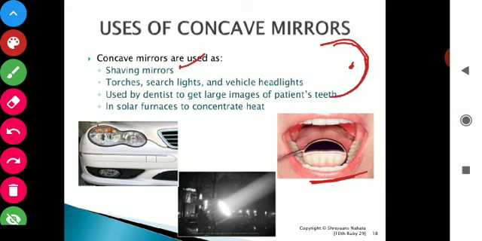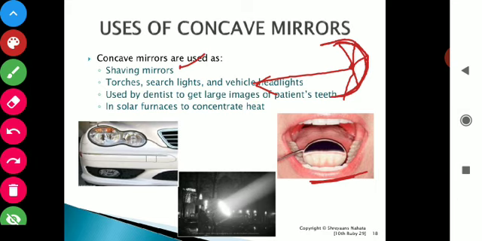Now students, the bulb gives light in all the directions. The position of the bulb is such that it is at the focus of the mirror. This is the concave mirror and this is the bulb. It gives light in this direction also, in this direction also, in all the directions.